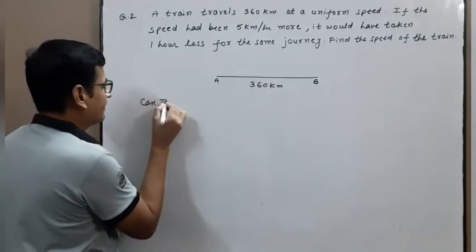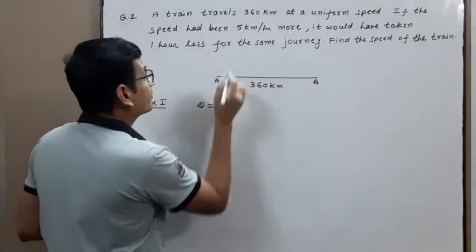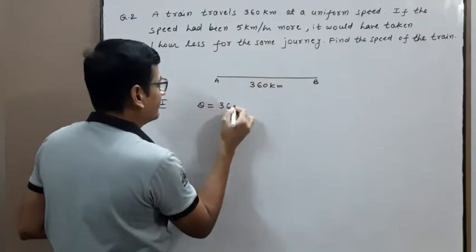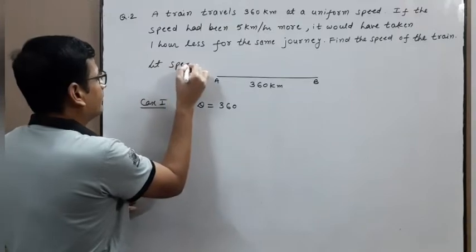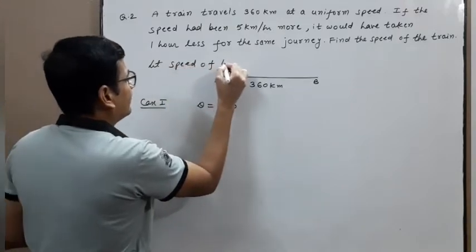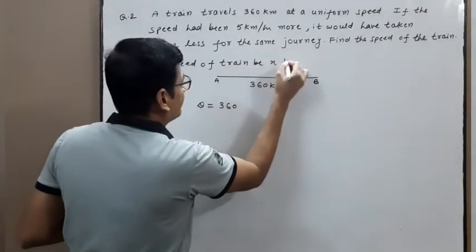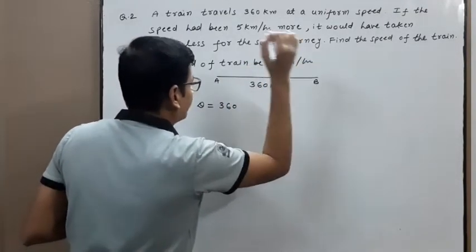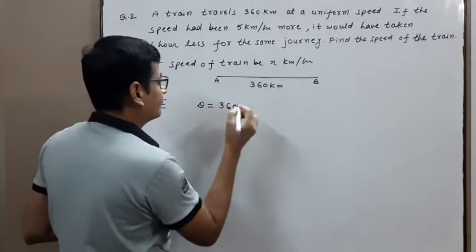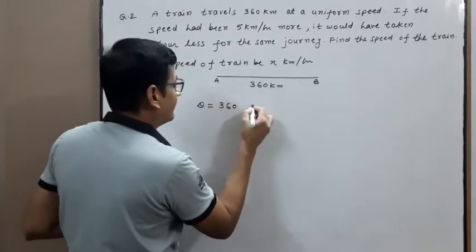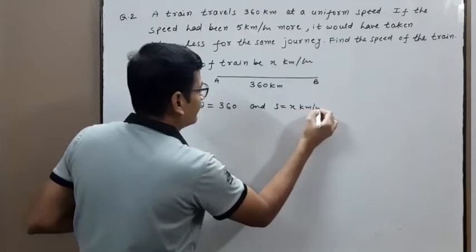Case first, when the distance is equal to 360, and first step, let the speed of the train be x kilometer per hour. Distance equals 360 and speed equals x kilometer per hour.